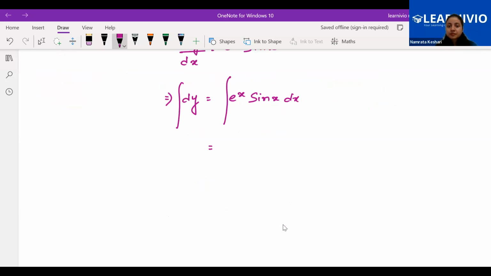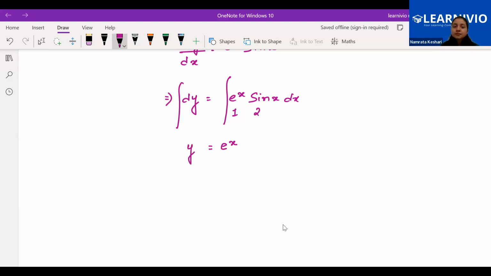Yes, ma'am. Yes, by parts we can apply. Let's apply by parts. Which one can be taken as the first function and which one as the second function? Let's check it. If we take it the way it is given, this one as first and this one as second. Tell me, what is the rule of integration by parts?